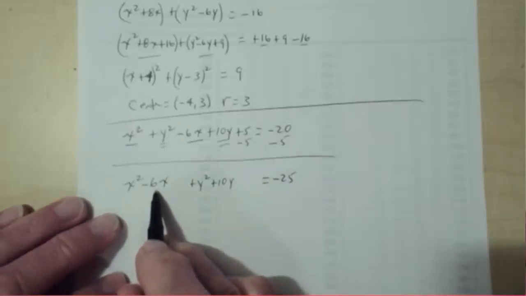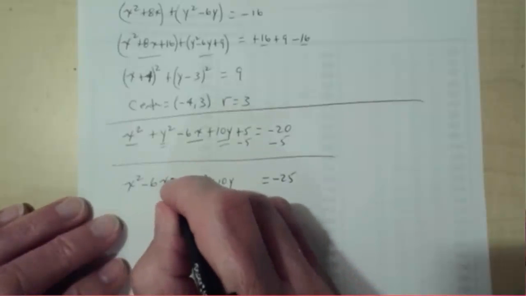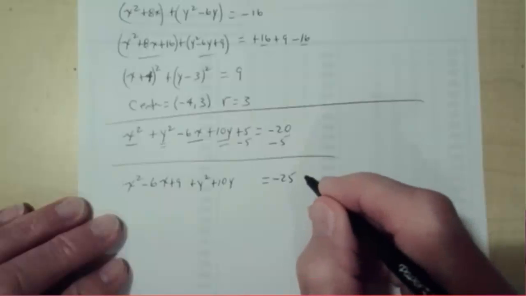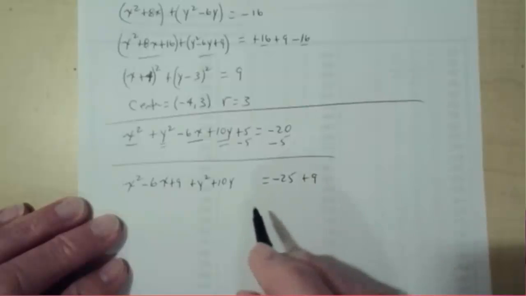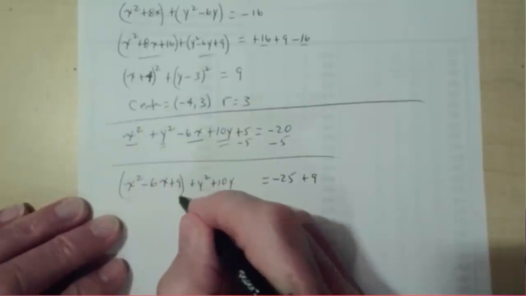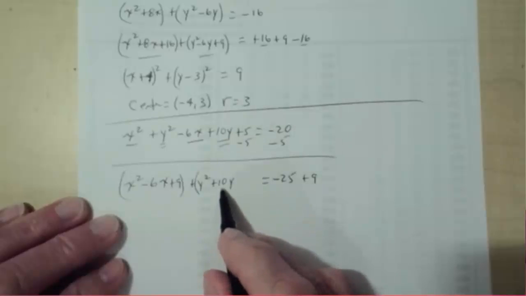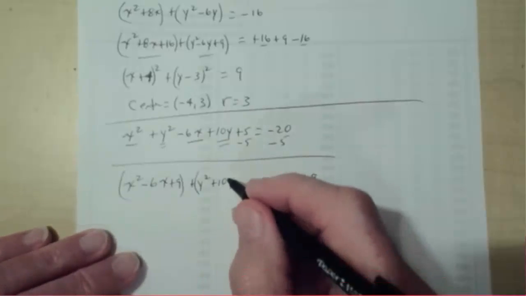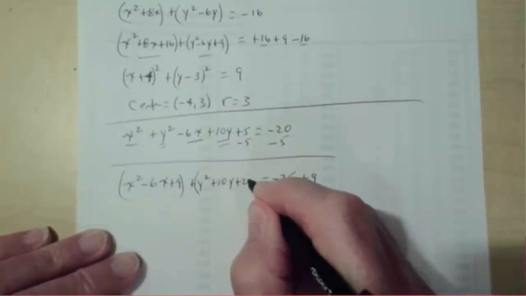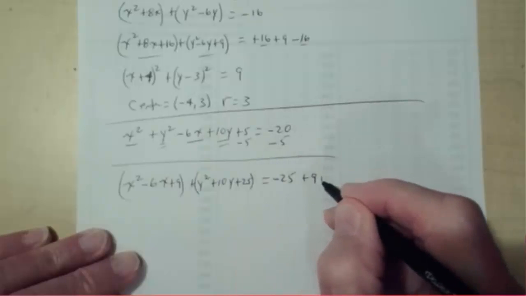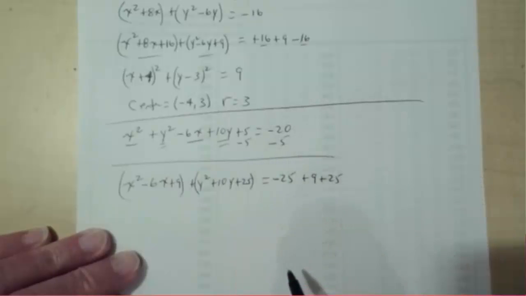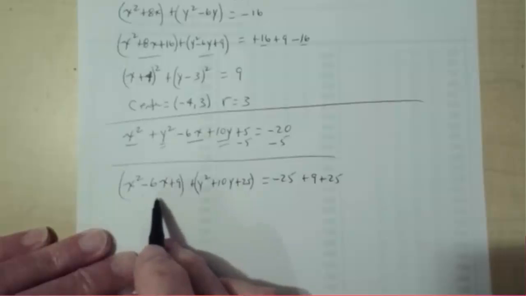Now we take half of 6, which is 3. 3 squared is 9, so we add 9 there, add 9 there. Half of 10 is 5. 5 squared is 25. This is a perfect square.